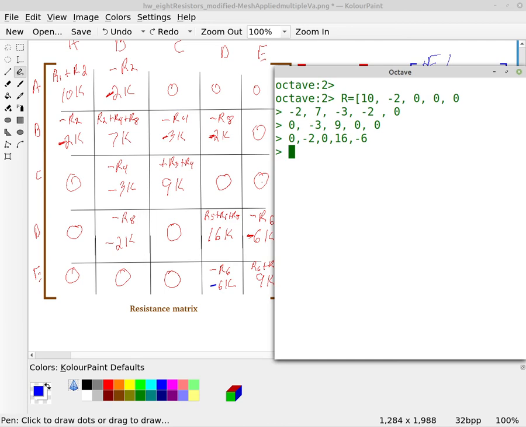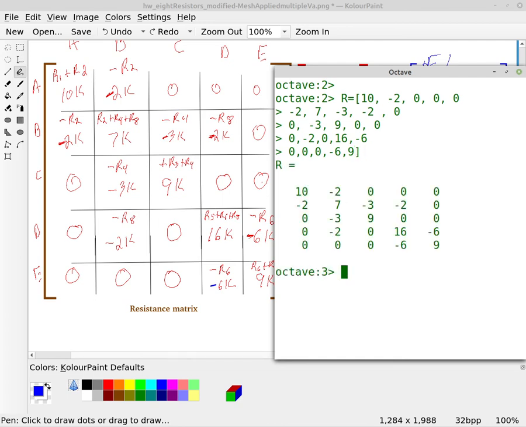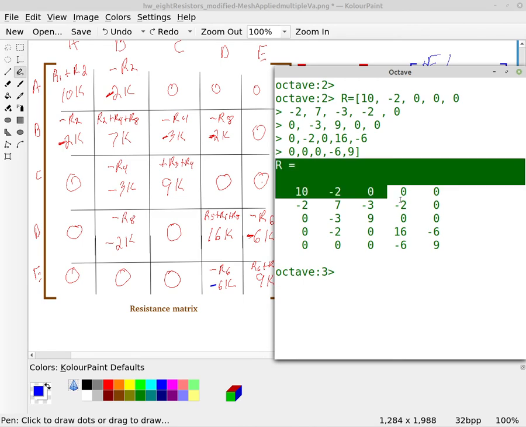And then the fifth row is 0, 0, 0, -6, and 9. Alright, so there is my matrix.